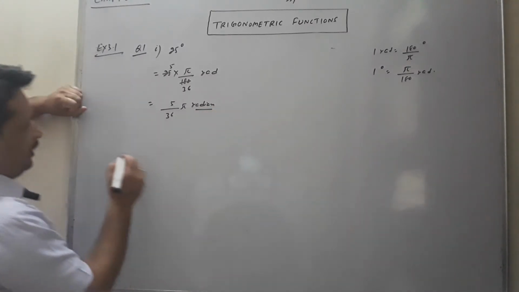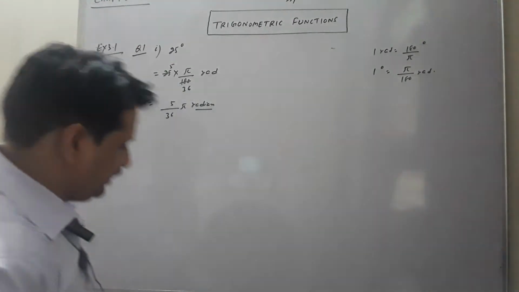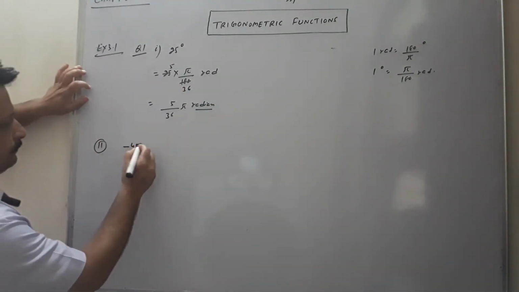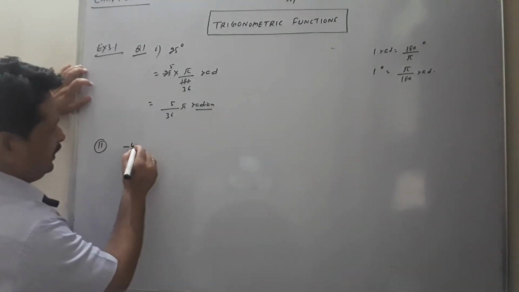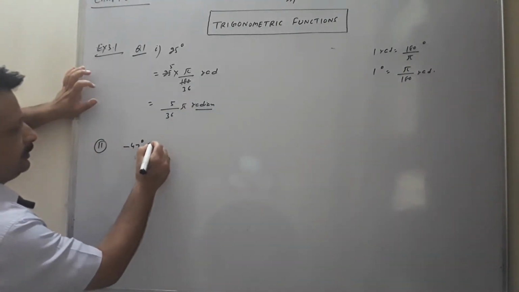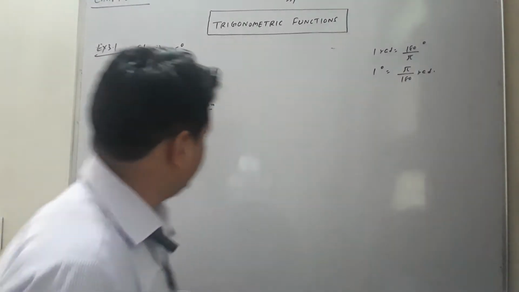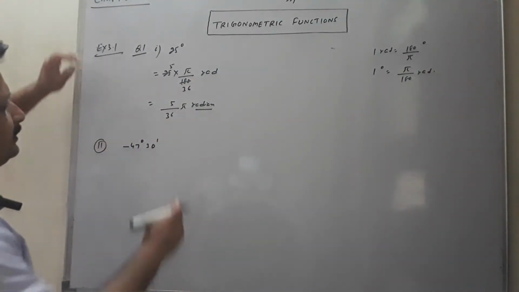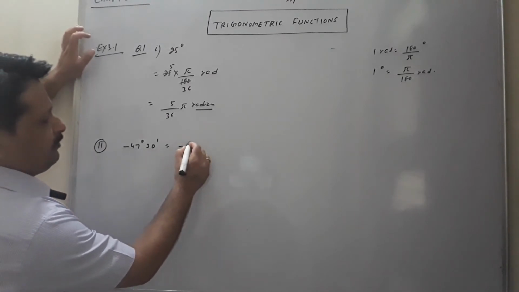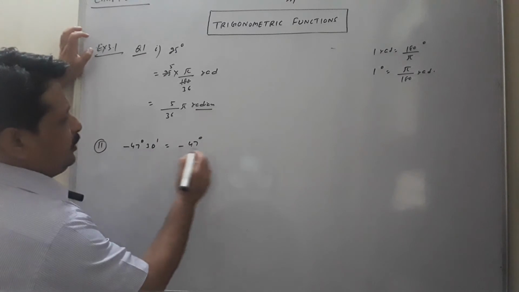In the second part, minus 47 degrees and 30 minutes. Now students, it is given to you that minus 47 degrees and 30 minutes. So this is minus 47 degrees, the degree is complete, and we have to change this minute into degree now.